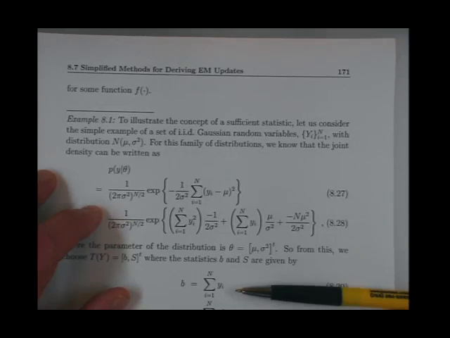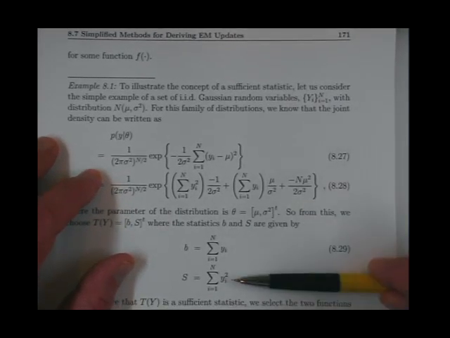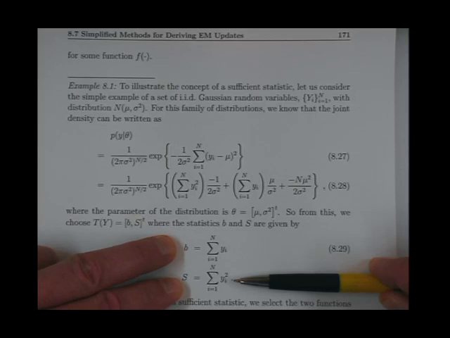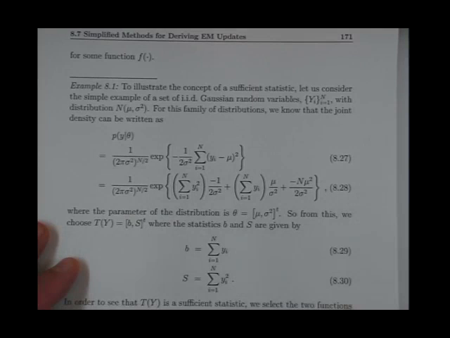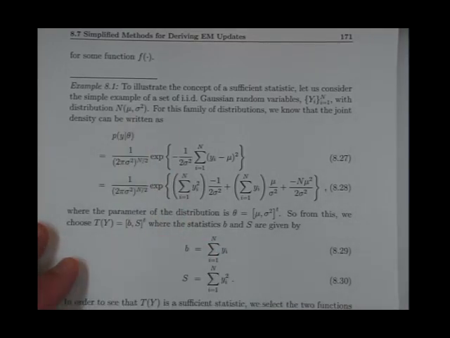So in equation 8.29 and 8.3, one is b and the other is f, and those two scalar variables are sufficient statistics together for the estimate of theta, where theta is the parameter of the mean and the variance.